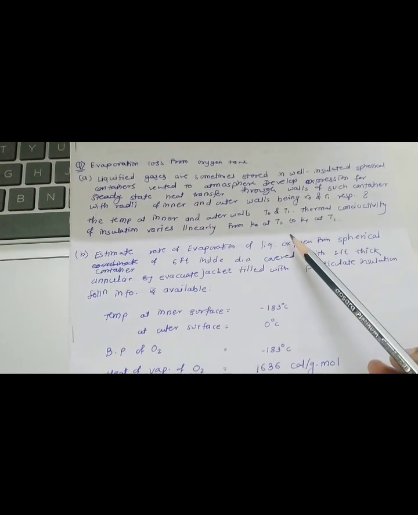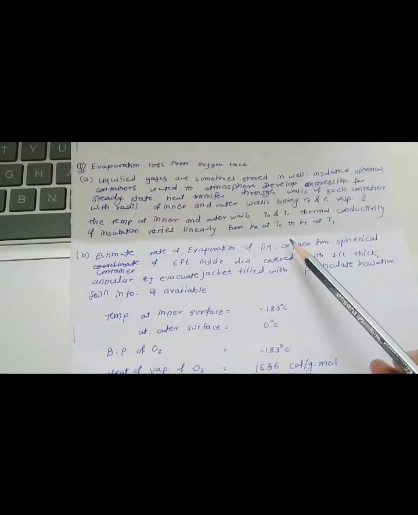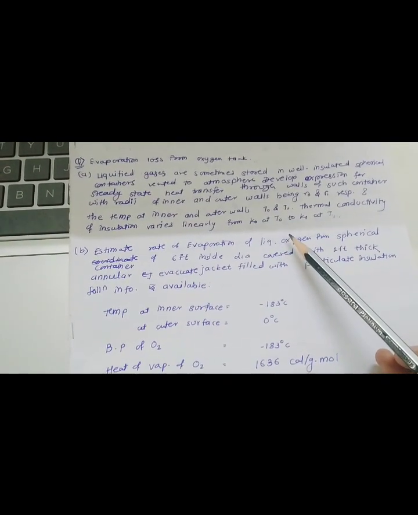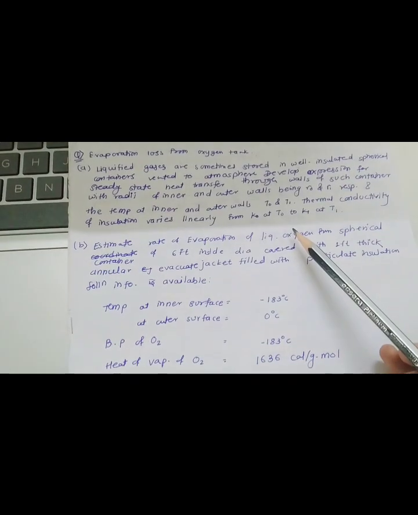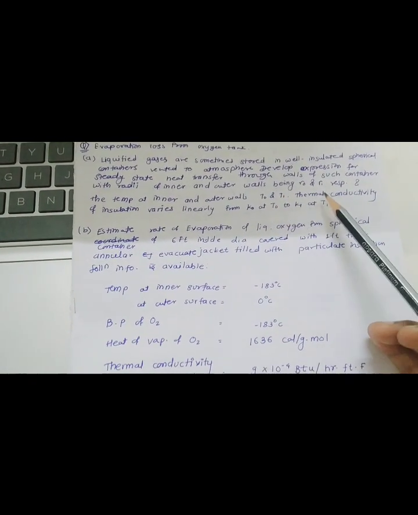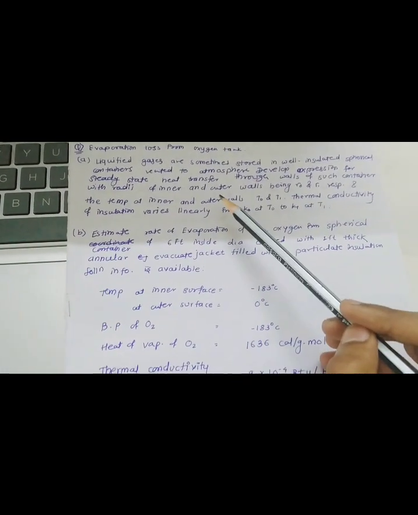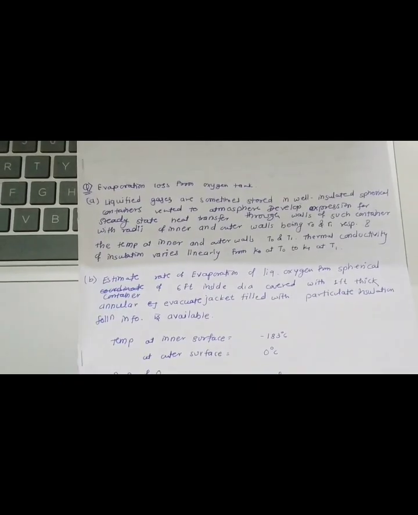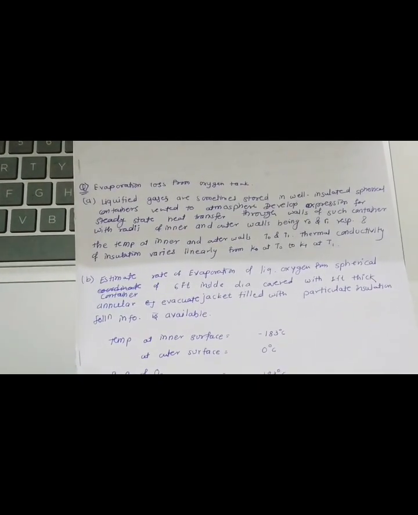The thermal conductivity of the insulation varies linearly from K0 at T0 to K1 at T1. So the solution for this part A is, now let me define all the variables we will use in this problem.